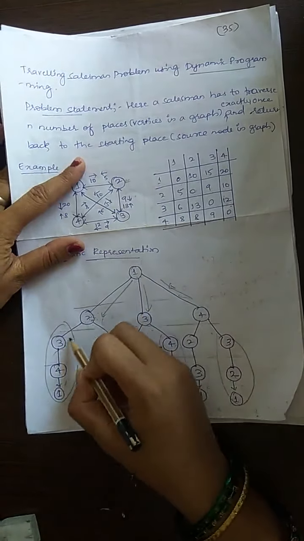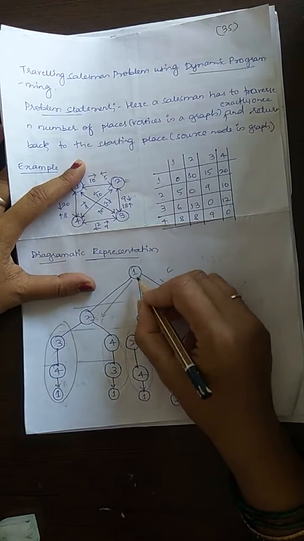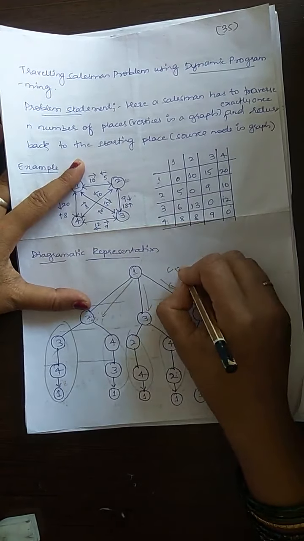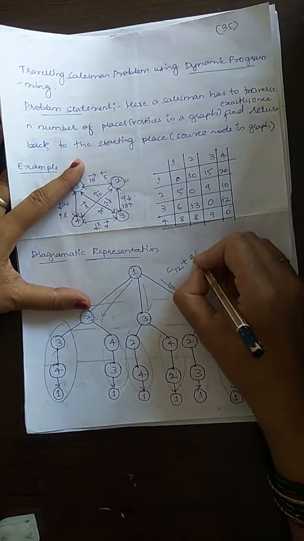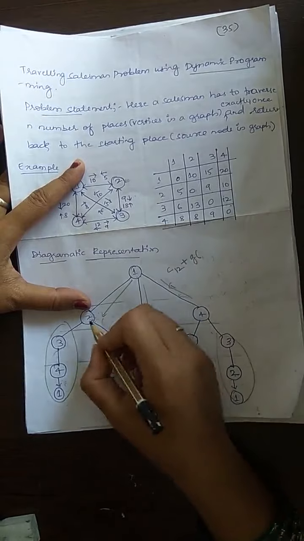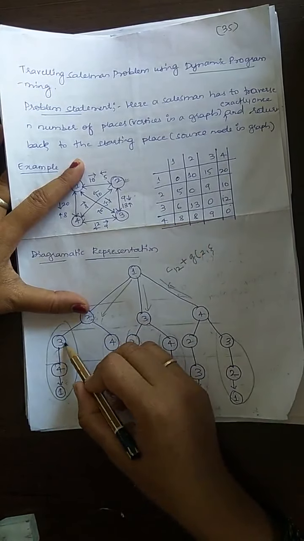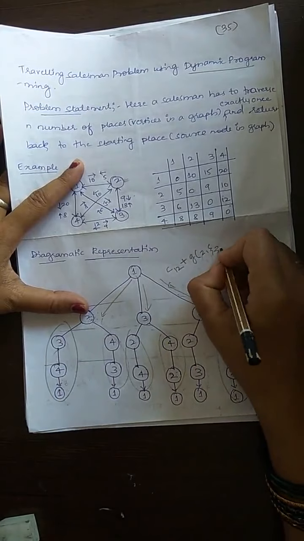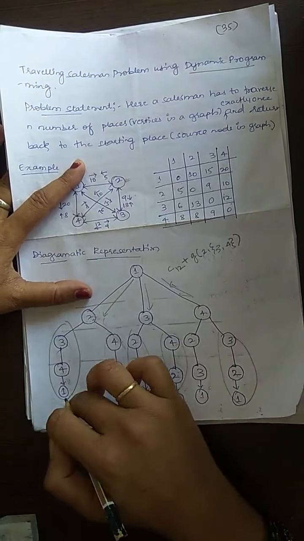So let us go for this path first. How am I going to write here? C of 1 to 2 plus cost of from 2 to remaining. From 2, what is remaining here? 3 and 4. That is 3 comma 4 is remaining. This is for this path.